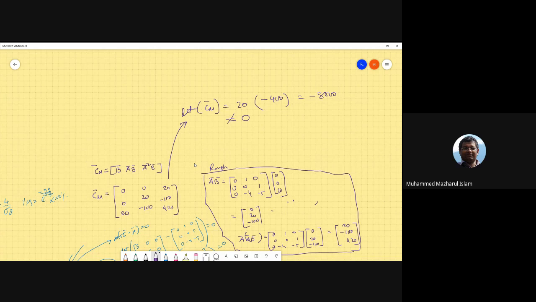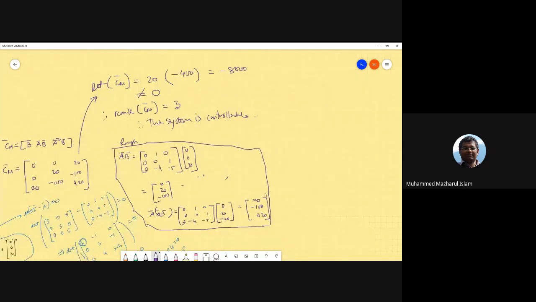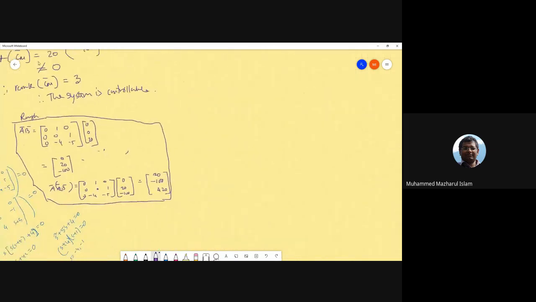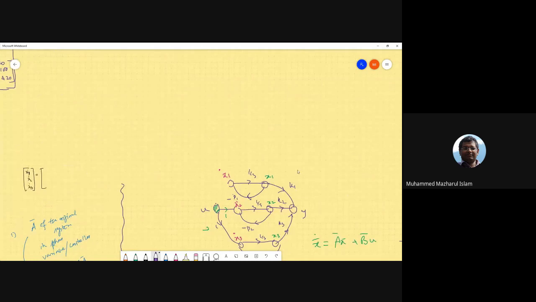Therefore rank of CM is equal to 3 because this is not 0. Therefore the system is controllable. That's the conclusion, and we saw that we could actually get the values for K1, K2, K3. Yeah? So this is how you find out the controllability. So that's the first thing that we should check.